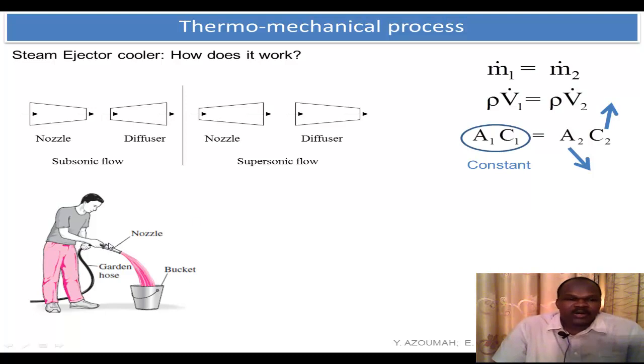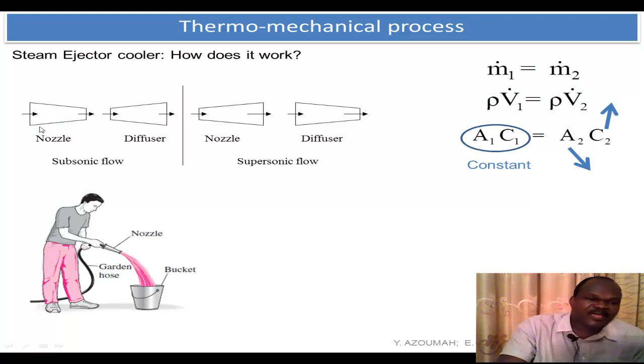So if in subsonic flow nozzles have this shape, when you are beyond the speed of sound, nozzles will have a different shape, which is contrary to the subsonic flow. It's nature, once again. That's how nature is made.